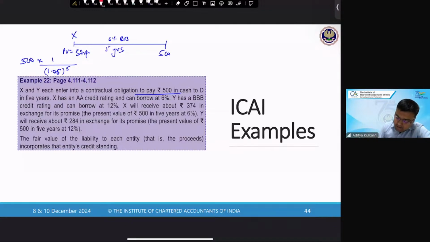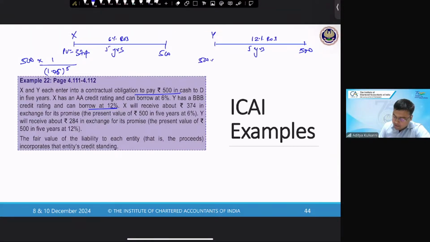Now the same thing let us look from the perspective of the other entity Y. In Y's case, there is an obligation to pay 500 after 5 years with a rate of interest of 12%.